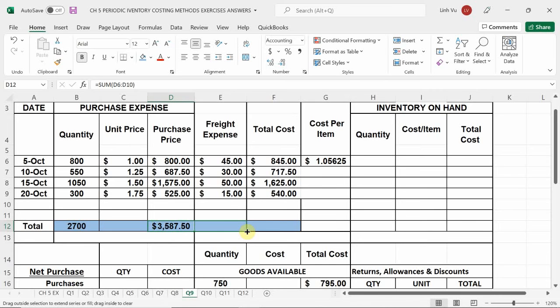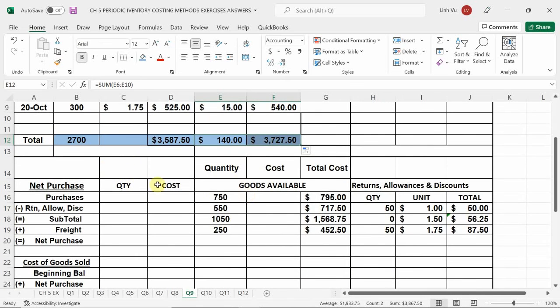I got $140. Good. All right, bringing me my total cost to be $3,727.50. Okay, so that's my total purchases.